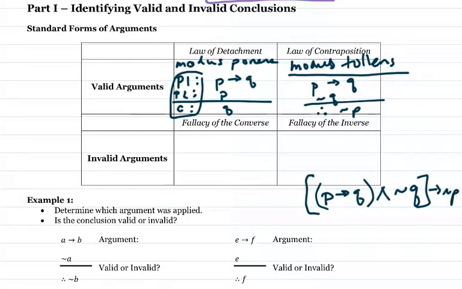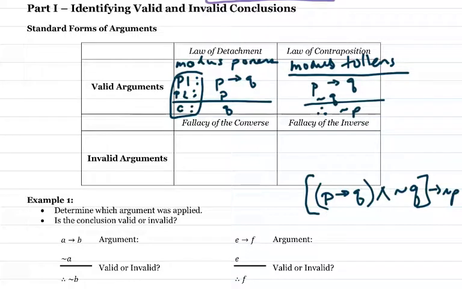And then we would make the truth table for that to see if it is an implication. If it is an implication and it's a tautology, then the argument is valid. If it is not an implication, then the argument would be invalid. So even one false part in the truth table would result in it being an invalid argument.